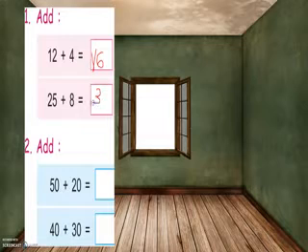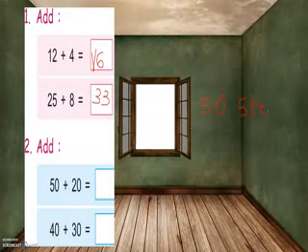Now we will see more examples here. Add 50 plus 30. We can see that 50 is a tens number, which means 50 is 5 tens. And 30 is 3 tens.